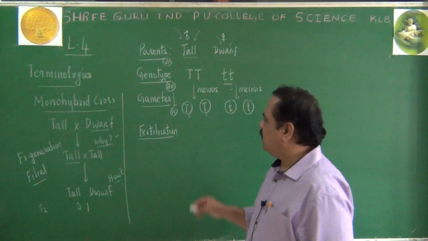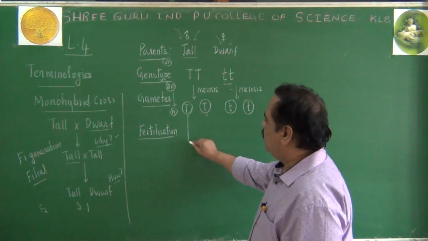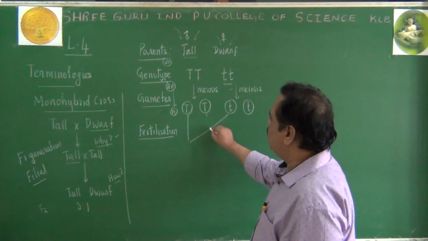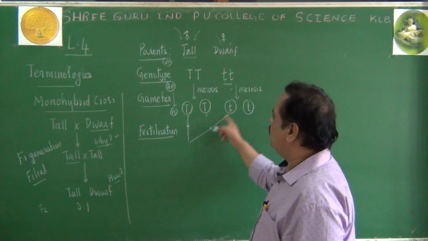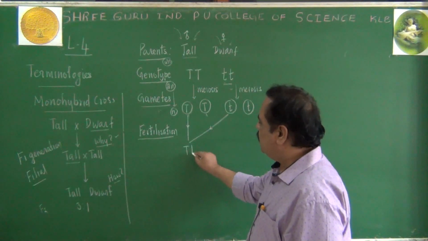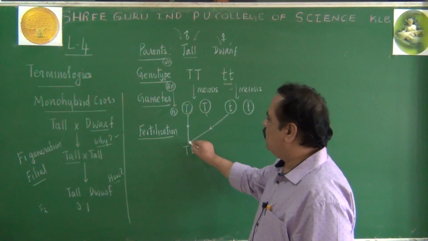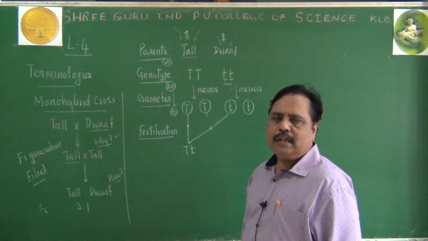Let me represent this here. This is one male gamete having capital T. It is fusing with this female gamete having small t. Remember, what will be the resulting offspring? It will have capital T, small t here. So the resulting zygote will have capital T and small t.